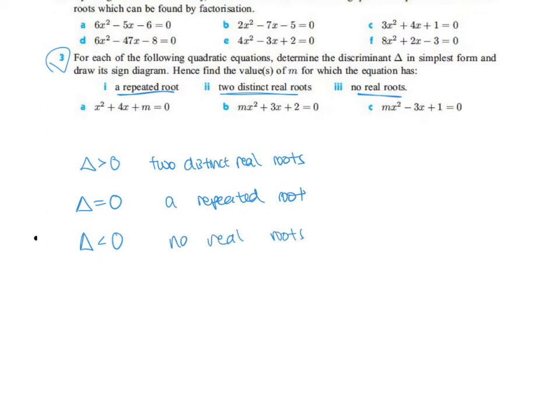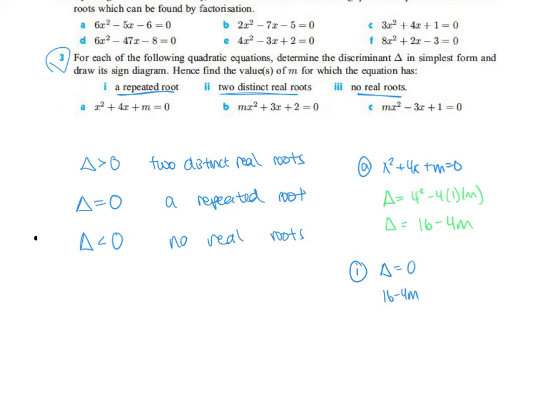Okay, so for letter A, for example, first, let's find the discriminant. The discriminant is b squared minus 4ac, so the discriminant is 16 minus 4m. For the first question, for it to have a repeated root, the discriminant would need to equal 0.